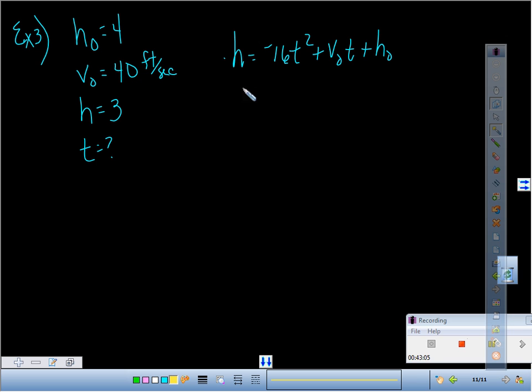What's h? 3 is equal to negative 16t squared plus, what's v sub-0? 40. Plus, what's h sub-0? Got them all right there, guys. What do I need to do to it? You've got to set it equal to 0, guys.